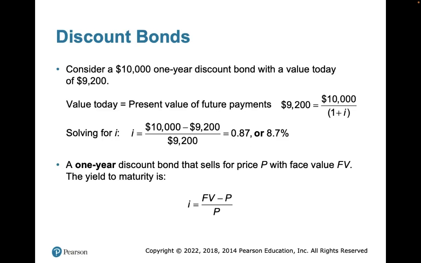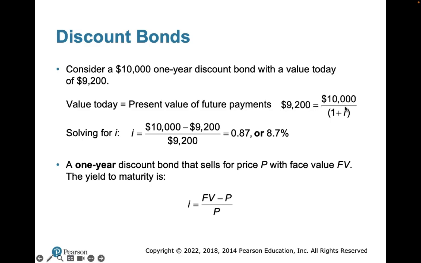Now let's consider discount bonds. For a 10,000 1 year discount bond with a value today of 9,200, the value today equals the present value of future payments, which is 9,200.